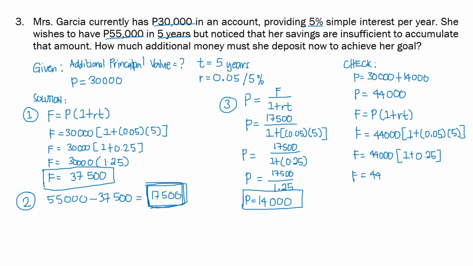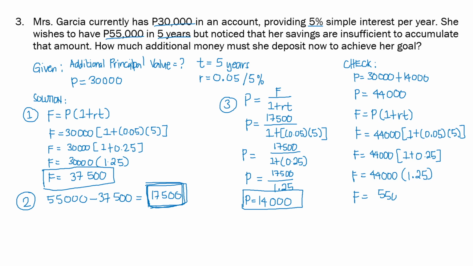So 44,000, 1 plus 0.25 is equals to 1.25. So 44,000 times 1.25 is equals to 55,000.